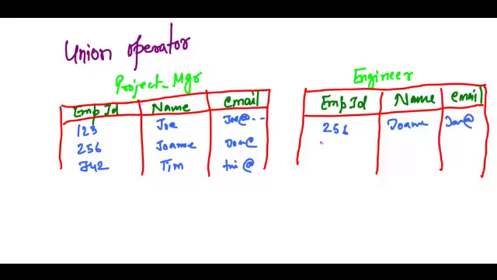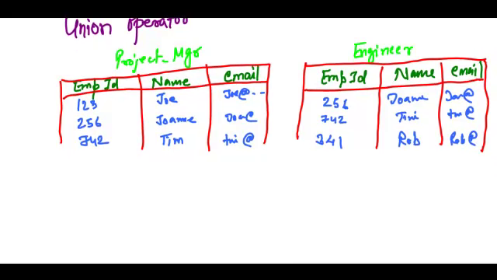Here let's say we have 742 Tim at something, and we have Rob. Oops, I keep doing this again and again. We have 341 employee ID, the name is Rob, and his email is Rob at something.